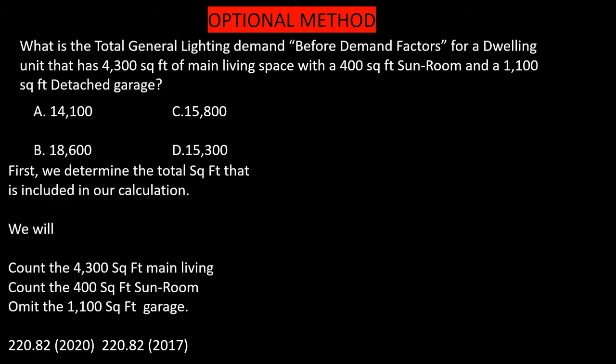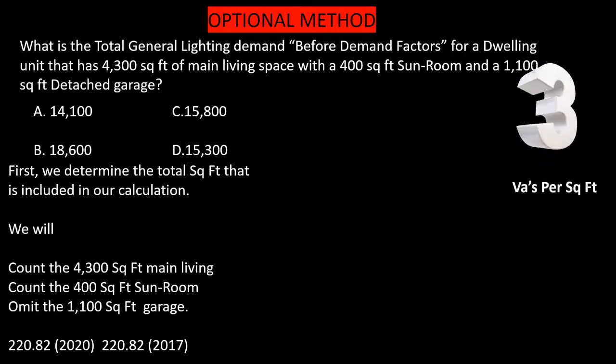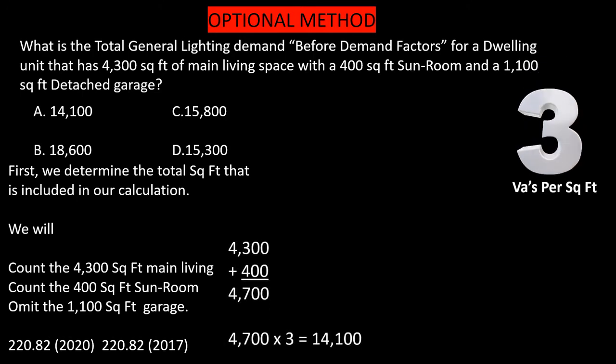It's the same principle and the same rules as if we were doing the standard method. So we take that and multiply it by 3 VAs per square foot. We bear that math out, and that gives us 4,700 square foot. Then we multiply that by 3, and that gives us 14,100.